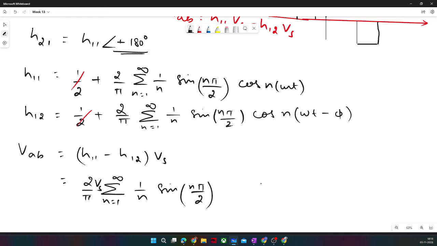Let me write Vs sine n pi by 2 into cos n omega t minus cos n omega t minus phi.